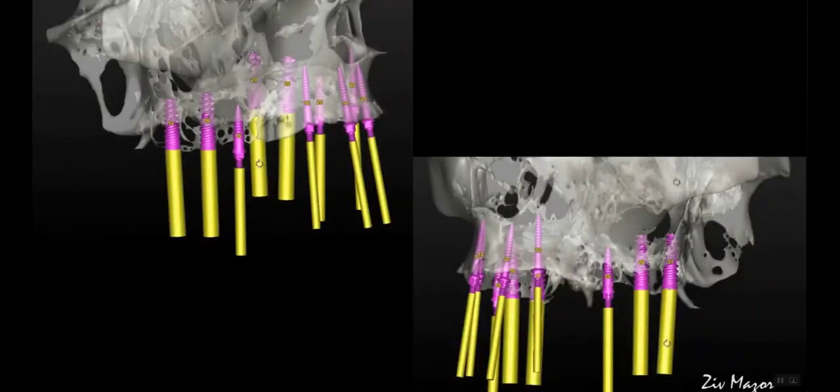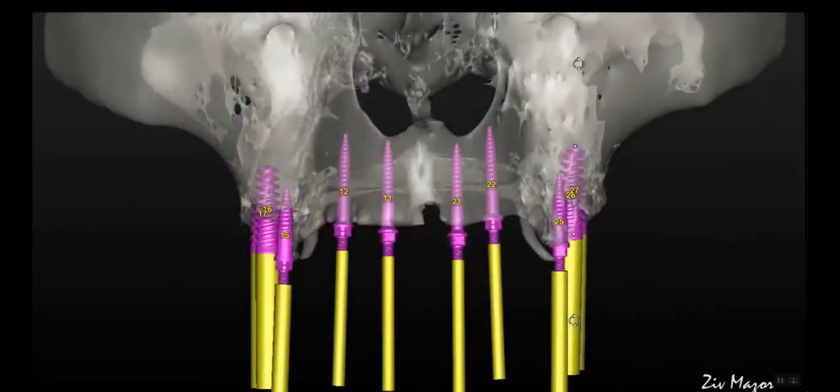Here are the implants. Those are 1.8 to 2.2 in diameter, made by Dentatus company, and they are the only ones that can give you the ability to do a screw-retained prosthesis.